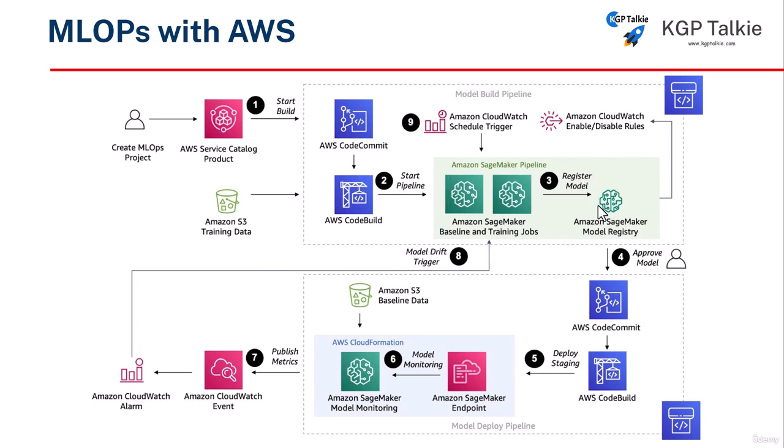Once all these things are done and your manager approves your model, then this model goes to the Amazon SageMaker endpoint. This Amazon SageMaker endpoint also uploads data to S3. In fact, during the training, the model is uploaded on S3, so that it can be taken later on from S3.